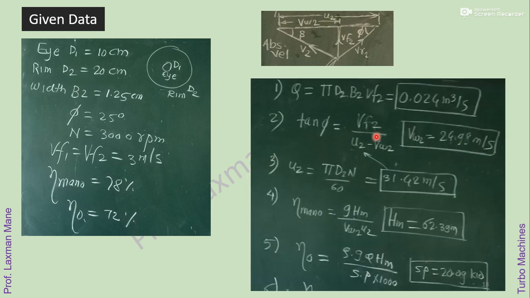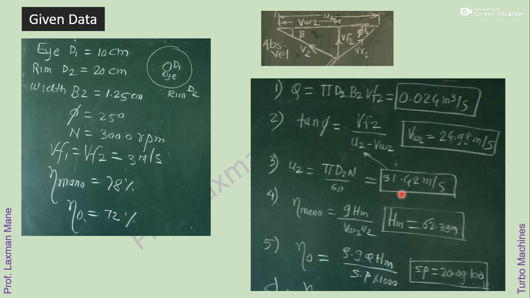Outlet velocity triangle. First of all we can find discharge by using the formula π d2 b2 Vf in meter cube per second. Then to find Vw2 we can use the tan phi ratio. In this, first of all we should know u2. So first you find u2 is equal to π d2 N by 60.